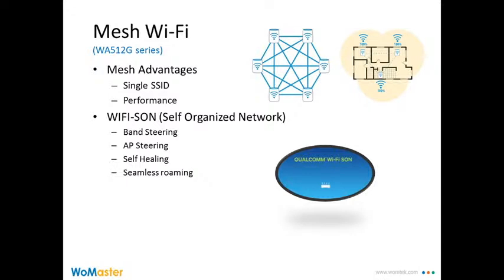We will talk about the details one by one later. With these features, Wi-Fi sound can provide an efficient and robust mesh network. And the last part is the demonstration by the technical support, Patrick. He will show you how to configure and how to set up a typical Wi-Fi mesh network.